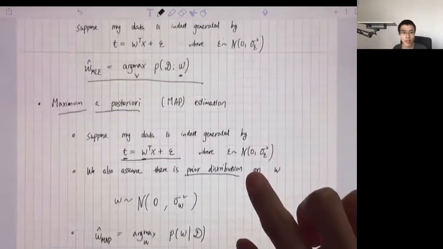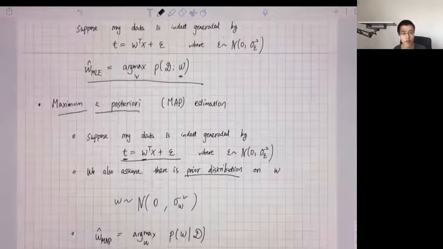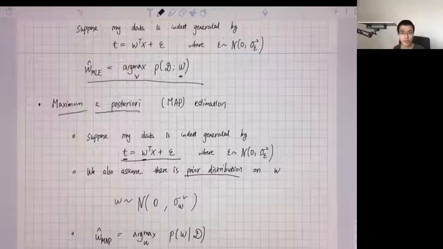It's different from the maximum likelihood estimation. The maximum likelihood estimation says W is not a random variable. You cannot model P of W. And then given any W, you will have a distribution. You will have a probability of your training data. Then you will tune such W to make the probability of your training data maximum.